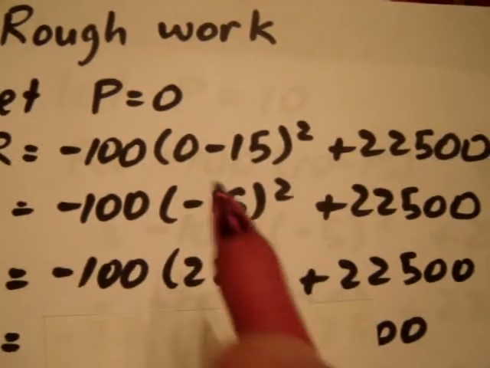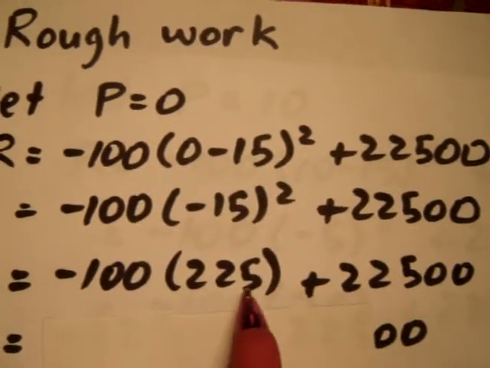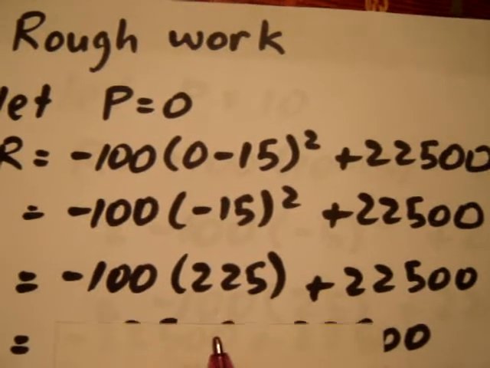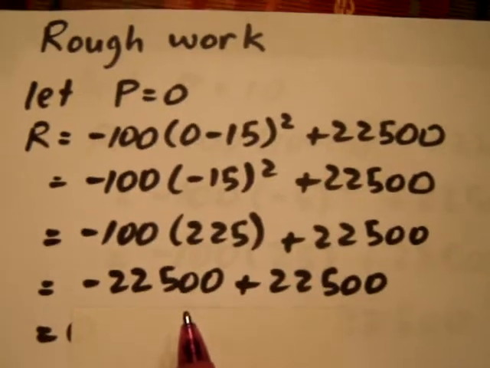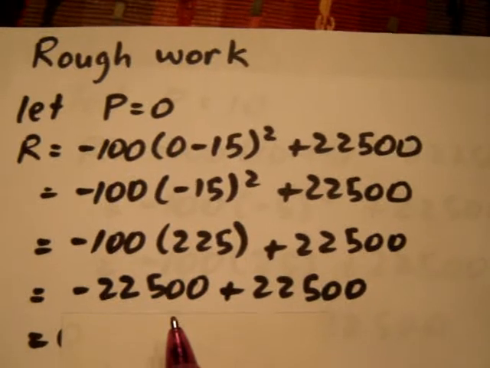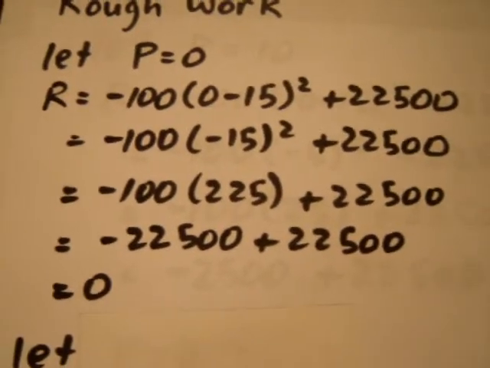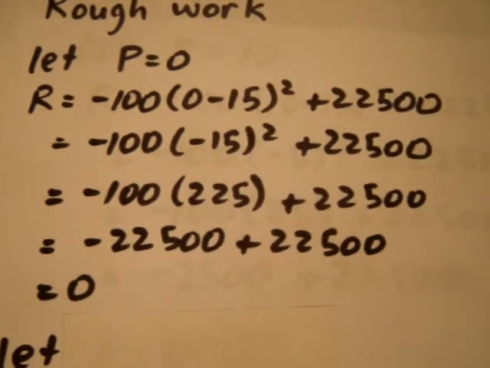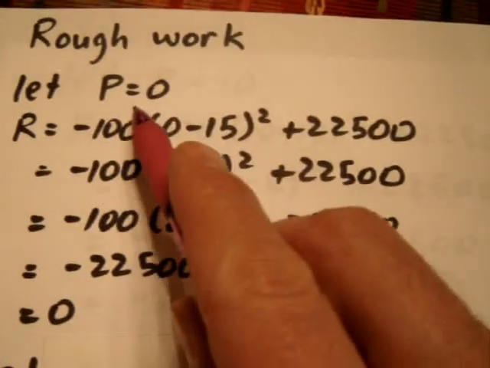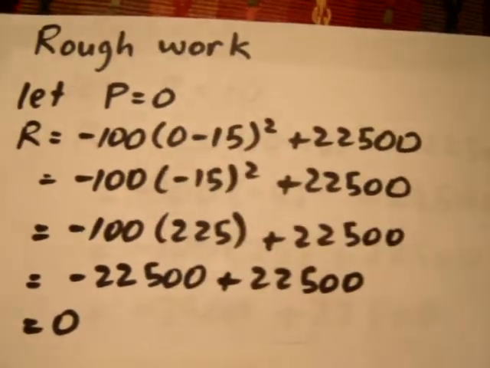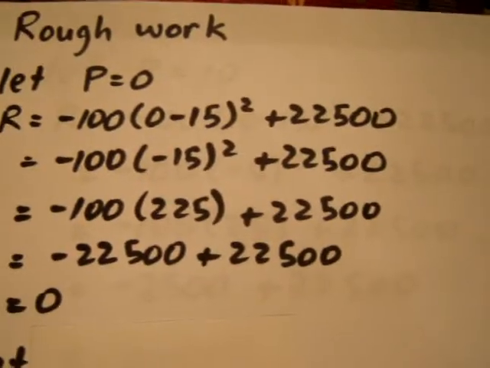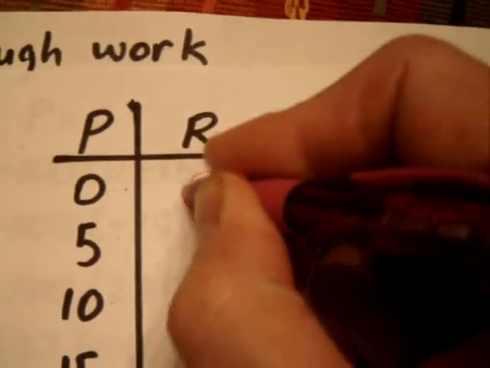And negative 15 times negative 15 is 225. 225 times negative 100 is negative 22,500. And when we add that to positive 22,500, we get a revenue of 0. So we let P be the first possible number in our table of values, and we determine what R equals. So we put it in, 0 and 0.